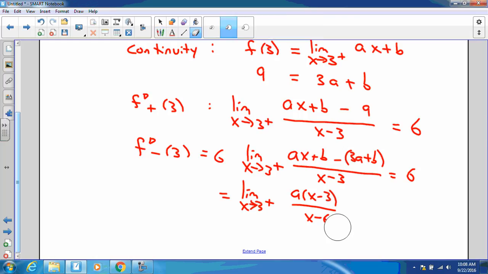Then I'm going to have that a times x minus 3 over x minus 3 is equal to 6, or in other words, a equals 6.